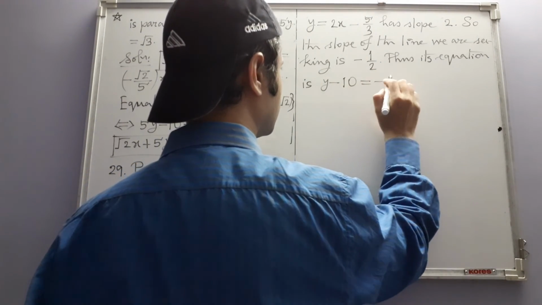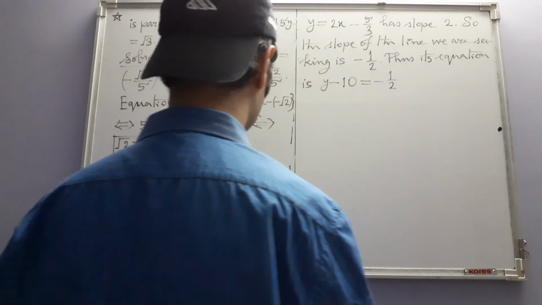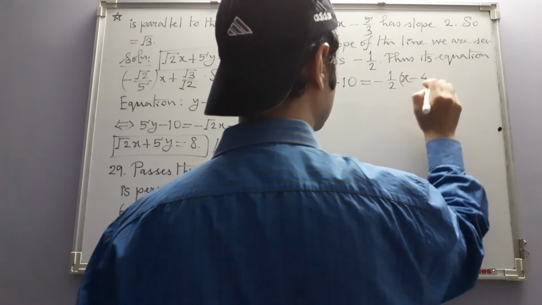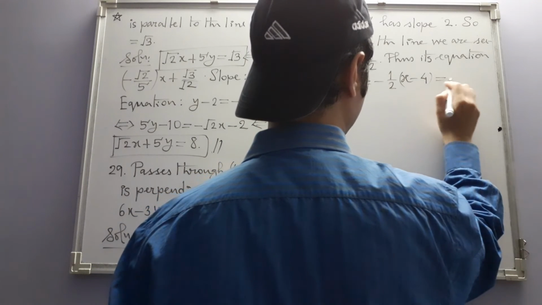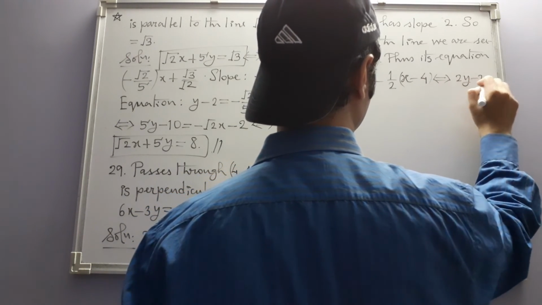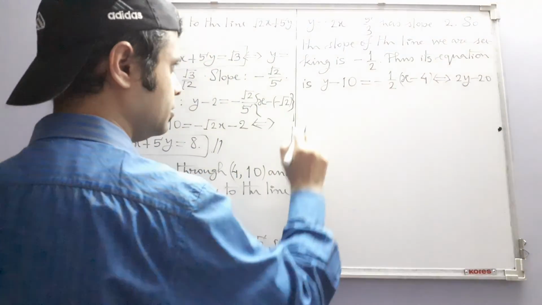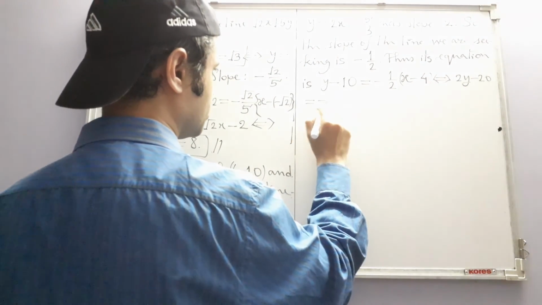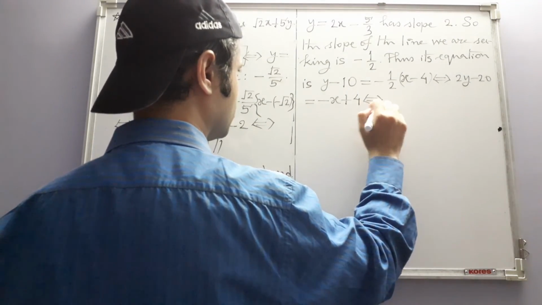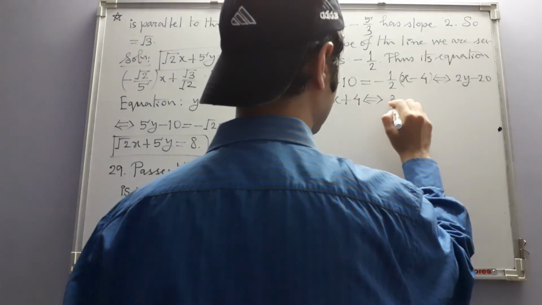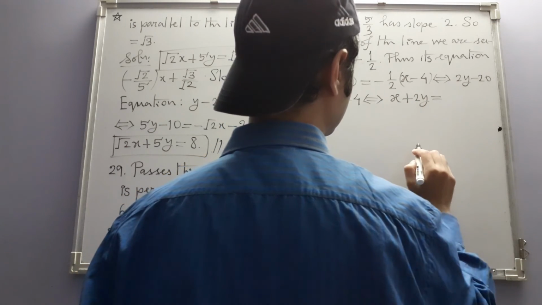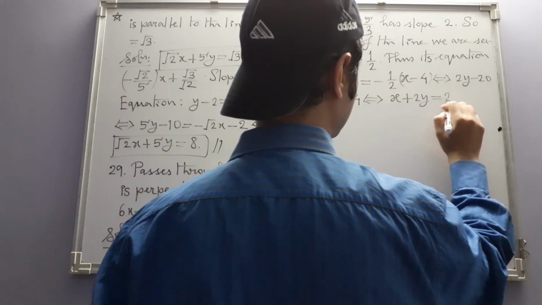Y minus 10 equal to -1/2 times x minus 4, or 2y minus 20 equal to -x plus 4, or x plus 2y equal to 24.